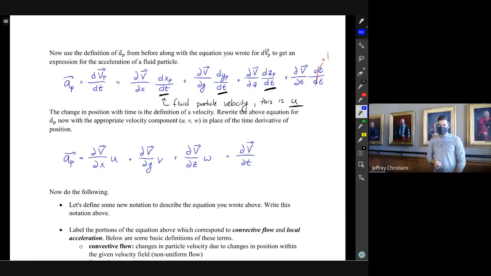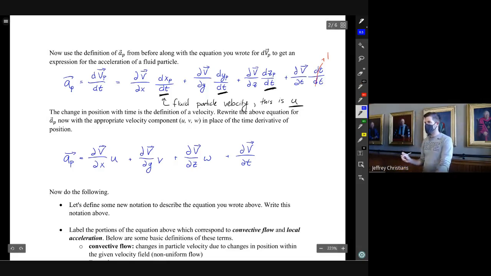Okay, so this is kind of a weird equation, but let's think about what we just did. Through this equation, we connected how a particle accelerates, the acceleration of a particle on the left-hand side, to things that only have to do with the whole flow itself, the velocity field. So we have these two different perspectives: the perspective of this little particle, and then the bigger picture of the velocity field. This is how they're connected.